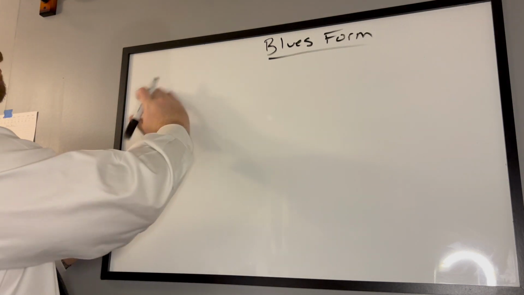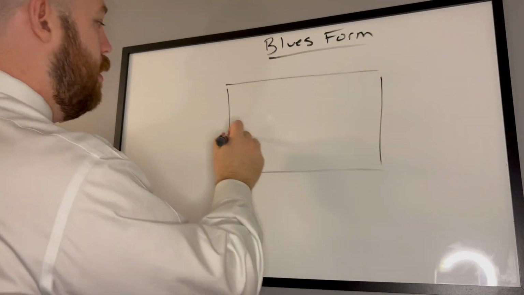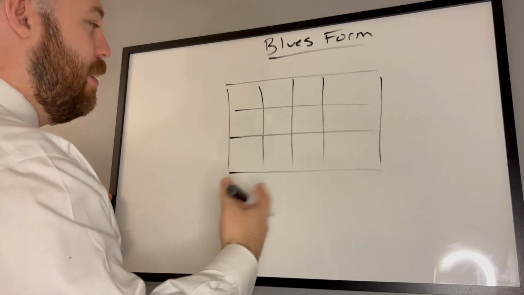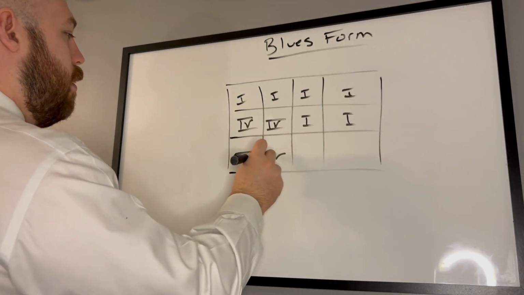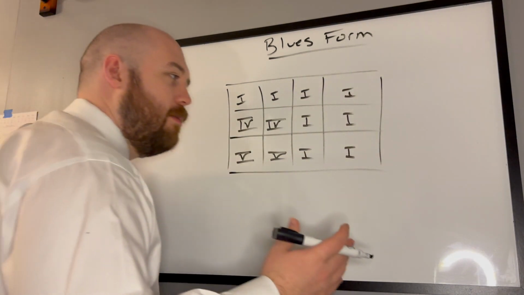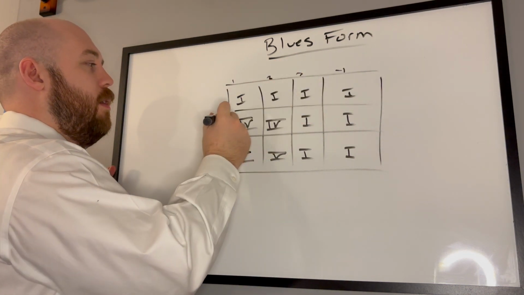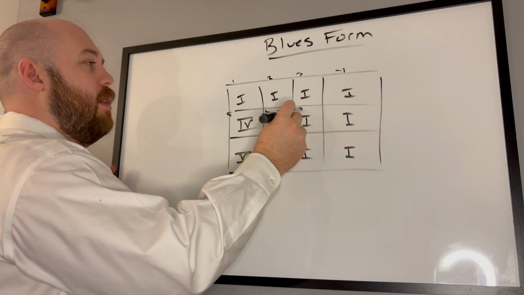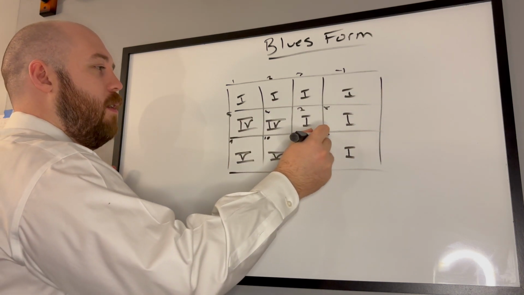So, first of all, I'm going to write this out. These are measures, and you can read them as 1, 2, 3, 4, 5, 6, 7, 8, 9, 10, 11, 12.